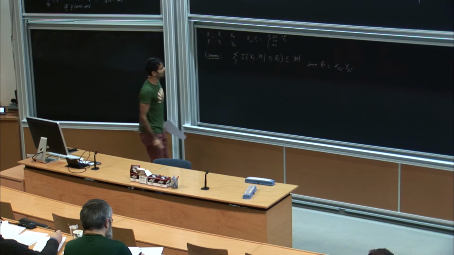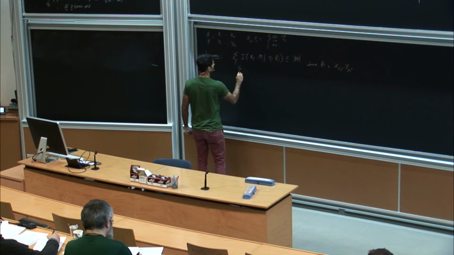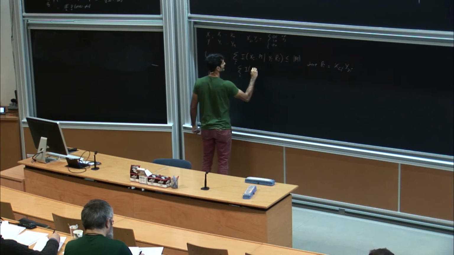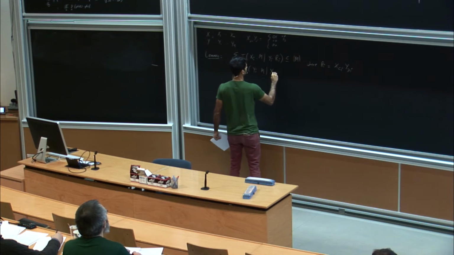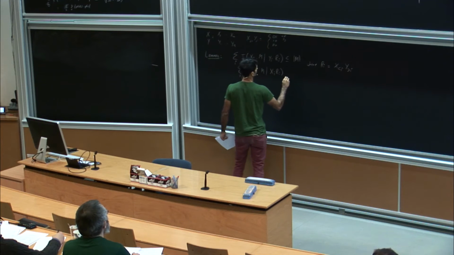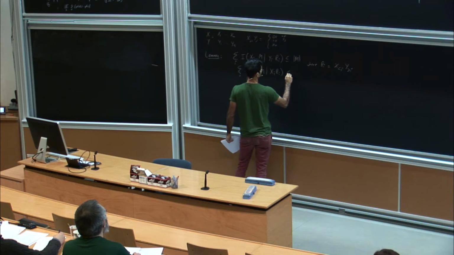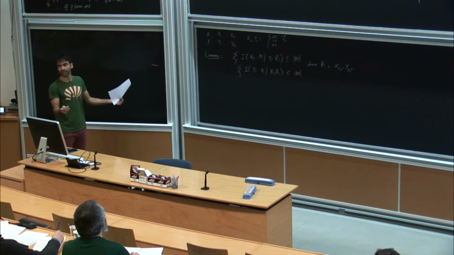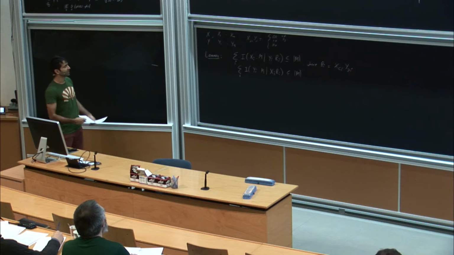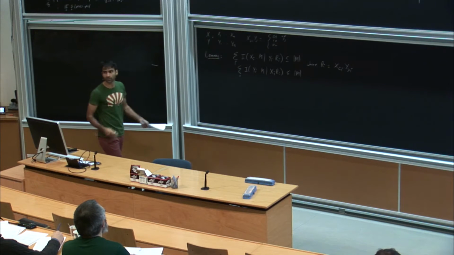And the same proof will also show that the similar quantity for y is also small. M is just the length of the protocol, which is going to be little o of n.